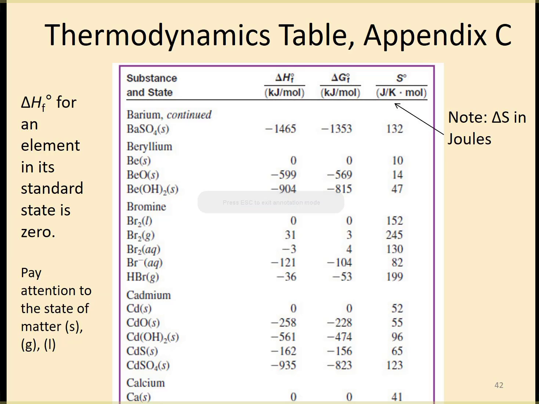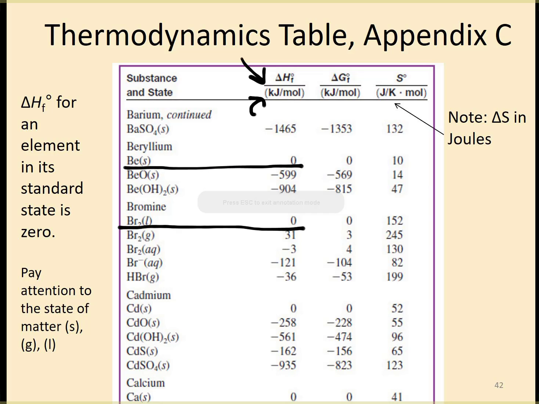You might be given a portion of a thermodynamics chart, and if you're trying to find your delta H, make sure that you look for the delta H column and pay attention to the units. Enthalpies are usually given in kilojoules per mole. One thing you should know is that the enthalpy of formation for all the elements will be 0.